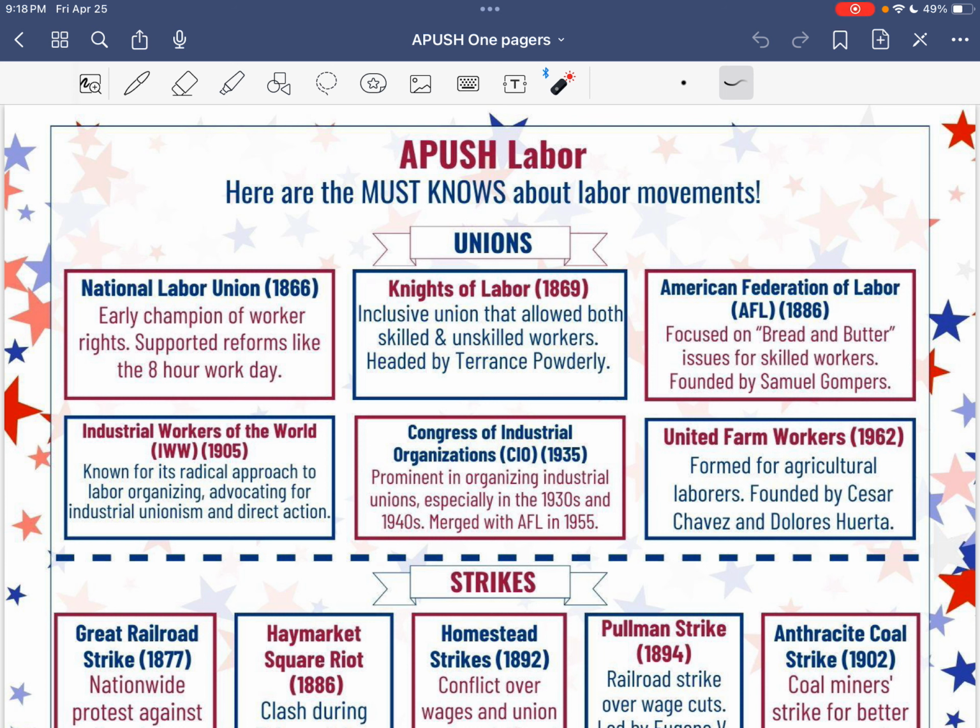All right. Industrial Workers of the World, we're moving into time period 7 now, the IWW, sometimes known as the Wobblies, which is fun. They had this goal of uniting all workers into one giant powerful union, which was the goal of the National Labor Union too, and some of the others. But Eugene Debs is a big name here. He and the union advocated for much more radical, a little bit socialist, maybe even some calls to overthrow capitalism.